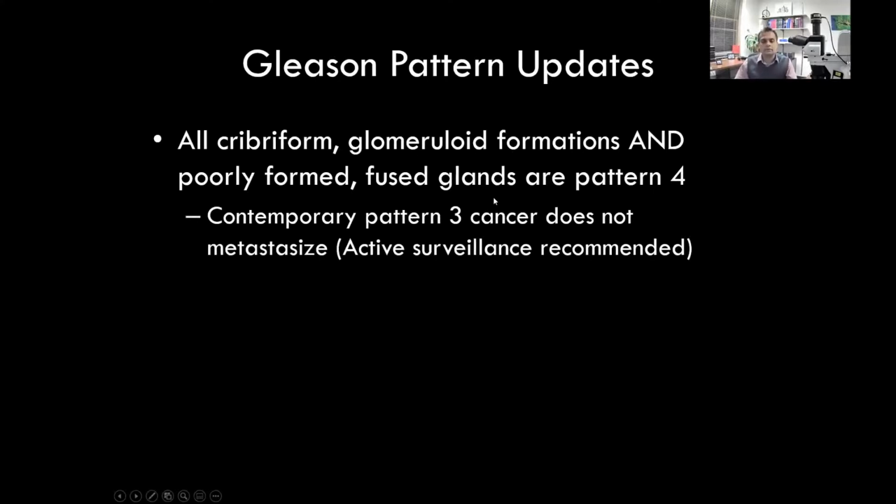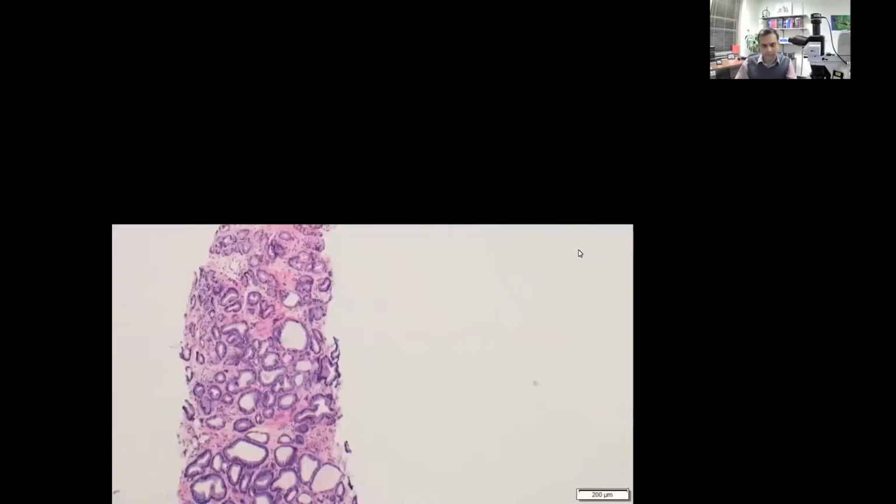This is very important to correctly diagnose Gleason pattern 4, because contemporary Gleason pattern 3 cancer does not metastasize at all. So if you correctly diagnose this, all these patients should ideally just go into active surveillance and nothing more should be done for them. So that's why it's important.